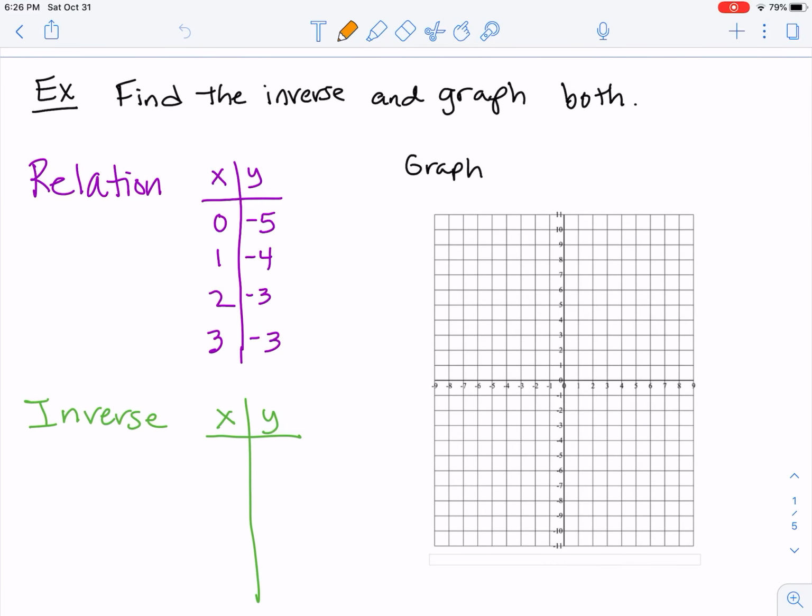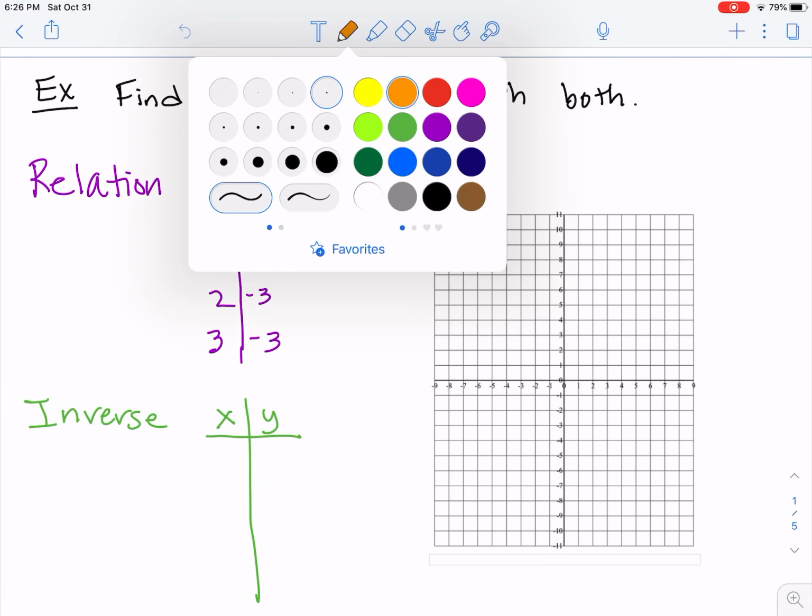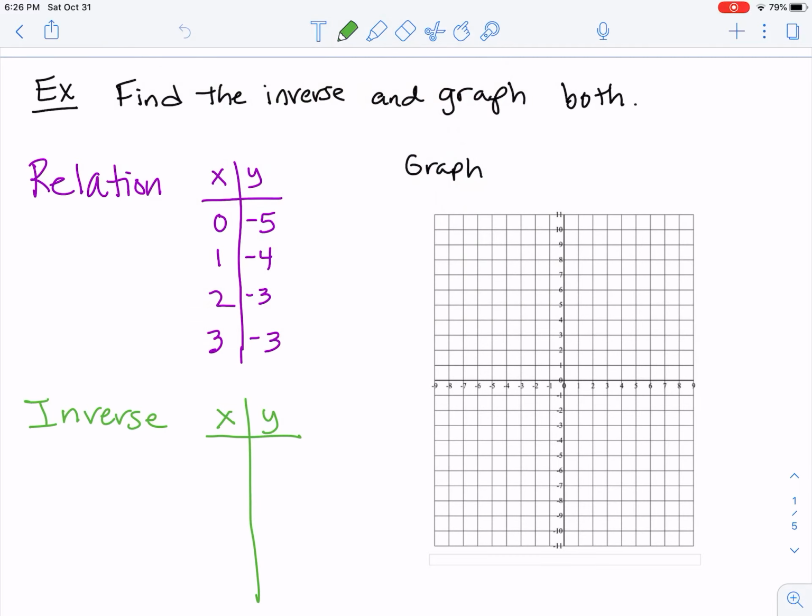Let me get my green color here. Let's find the inverse, and we're going to graph both of them. If the relation gives us the points (0, -5), (1, -4), (2, -3), (3, -3), then the inverse is where the x values become the y values and the y values become the x values.